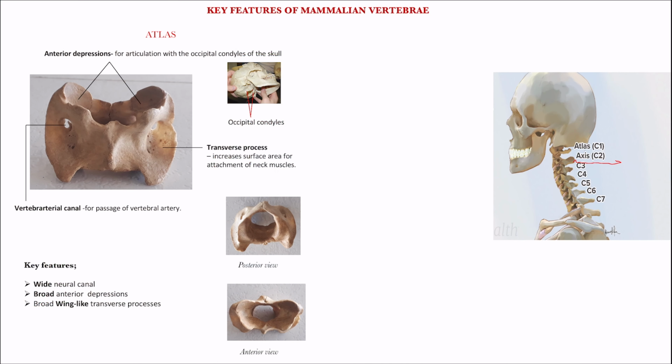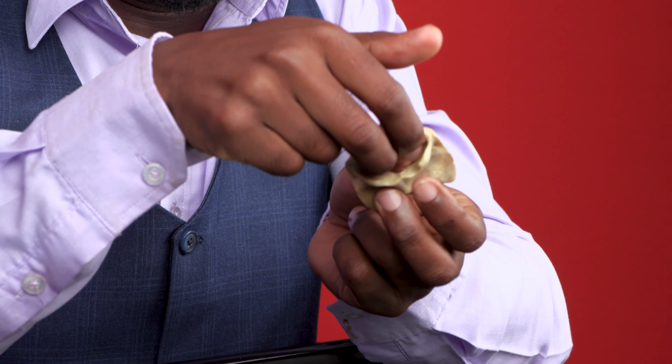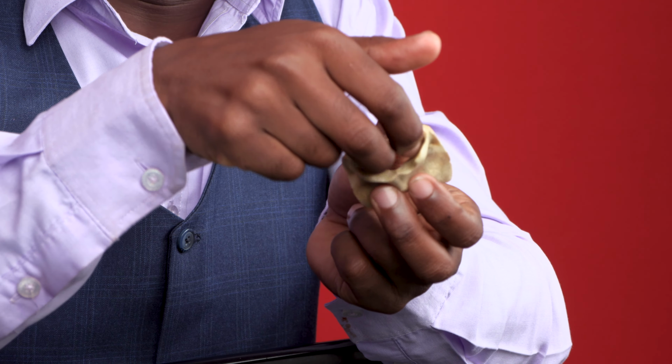Their function is to enable articulation with the lower part of your skull, which is what we call the occipital condyles. Anterior depressions for articulation with the occipital condyles.